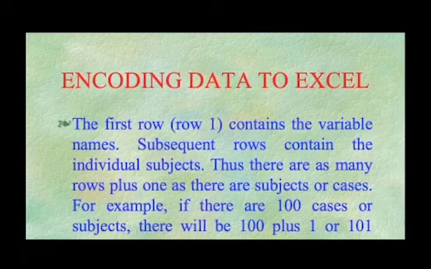So for example, if you have 100 cases, 100 subjects, there will be 100 plus 1 rows, or 101 rows, because the first row contains the variable names, and the second row will be the first patient, and then the last row, 101, will be the last participant.